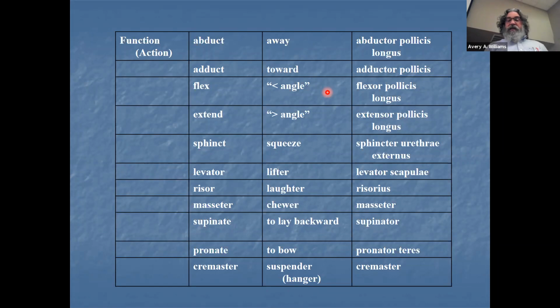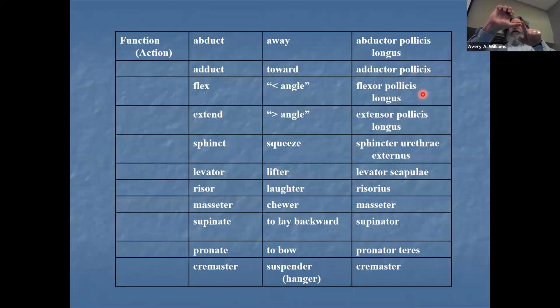So my examples here, and there's all kinds of flexor and extender muscles, but I'm stuck in the thumb world for right now. The flexor pollicis longus. Flexor, that's an action. Pollicis is a location, and longus, that's a size, right? So we're flexing our thumbs. How do you flex your thumb? Well, here's my thumb, and I'm going to flex it.